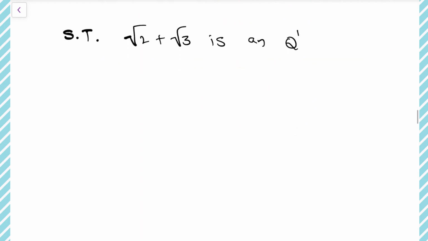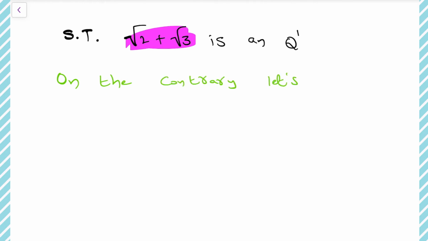Next question. Show that root 2 plus root 3 is an irrational number. Here also same. On the contrary, let us assume root 2 plus root 3 is rational. If root 2 plus root 3 is rational, then definitely this can be written in the form of p by q.